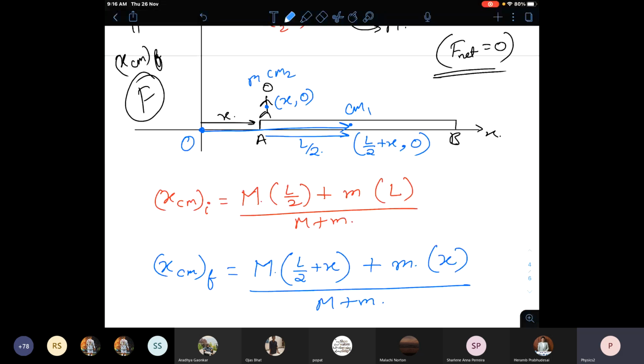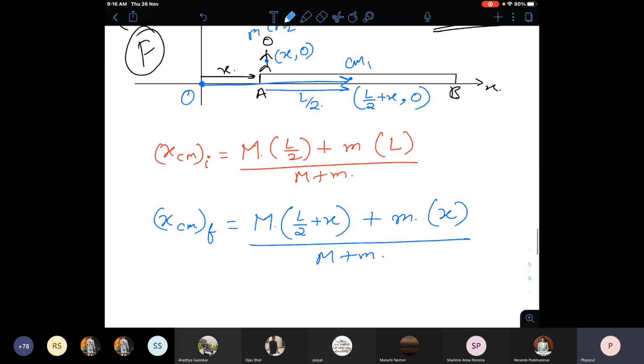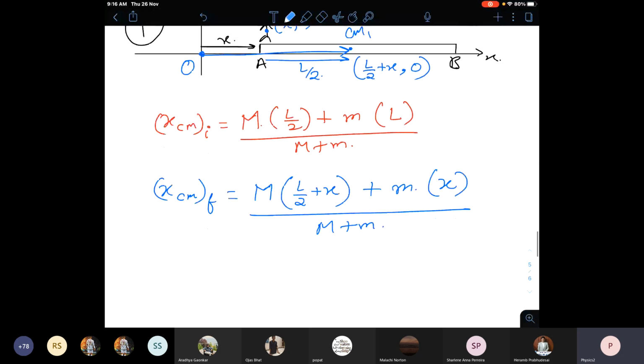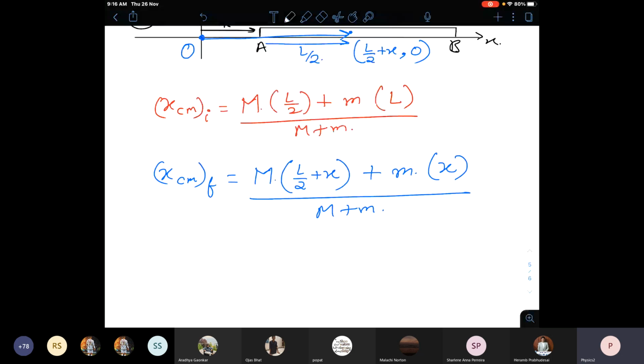So now see, what we want is to equate these two. Finally we will equate the two values, xcm initial is equal to xcm final, because we know that the velocity of center of mass is 0, so the position of center of mass should not move, because the vcm came out to be 0.